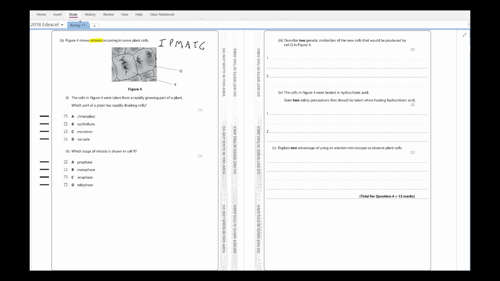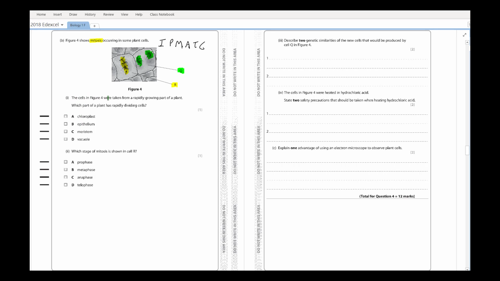Looking at the question, we have something pointing at cell Q and something pointing at cell R. In R you can see something lining up in the middle of the cell, and in Q the chromosomes have separated and been pulled apart by the spindle fibres.